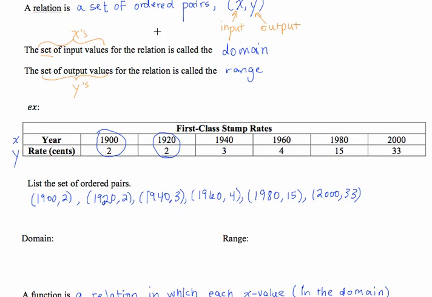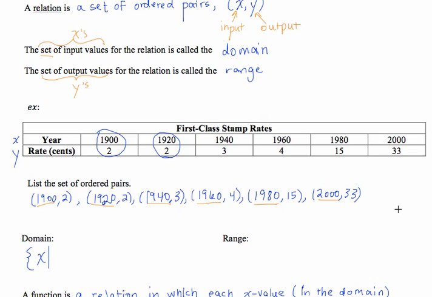Now remember here, the set of input values, or your x's, that's the domain. So the domain here, now it's a set, so we need to use a proper set notation. So I'm going to use the set builder notation and say the set of all x such that, now is this a finite or an infinite set? The domain. The domain are all your x's. So I'm going to underline all the x's here. And the fact that it's possible for me to underline all the x's means that it must be a finite set.